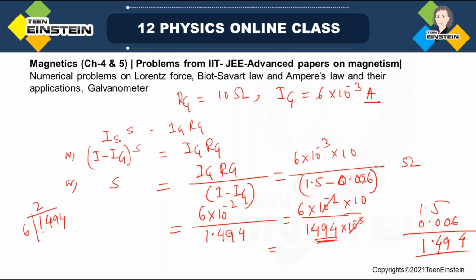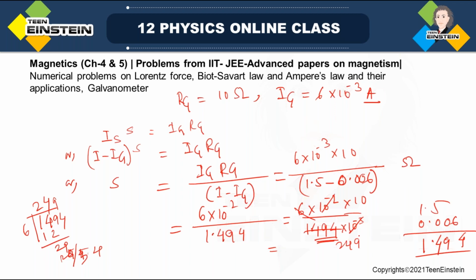So 6 twos are 12, 6 fours are 24, sorry, 24. So this is 5, 5, so this is 249. So this factor is 249.